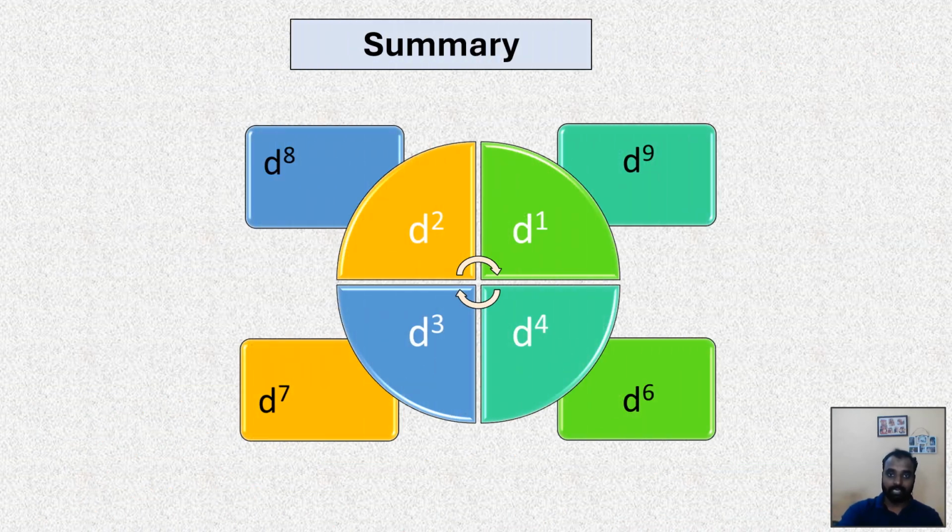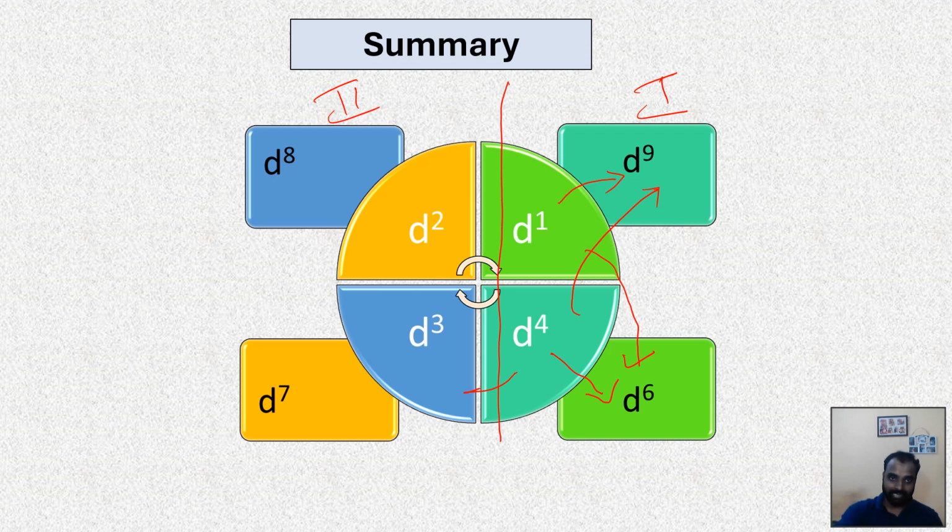In summary, in the Orgel diagram, D1 and D9 have opposite interaction, and D1 and D6 have the same. Likewise, D1 and D4 have opposite interaction, and D4 and D9 have the same. This is one type of Orgel diagram. The second type of Orgel diagram has the relation D2, D3, D7 and D8.